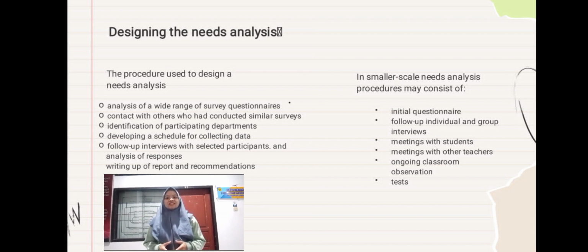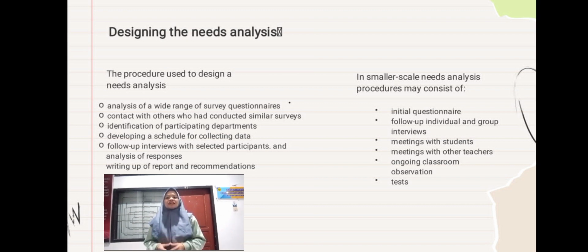Designing a needs analysis involves choosing from among the various options discussed and selecting those that are likely to give a comprehensive view of learners' needs and that represent the interests of the different stakeholders involved.